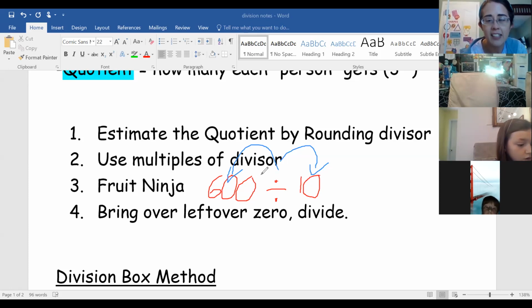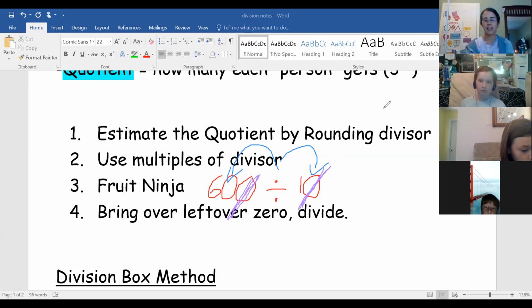And the answer, of course, is yes. I could chop a piece of fruit on this side and that side. So if you guys want to write down 600 divided by 10 and use the Fruit Ninja to chop one piece of fruit on each side so that it's fair.